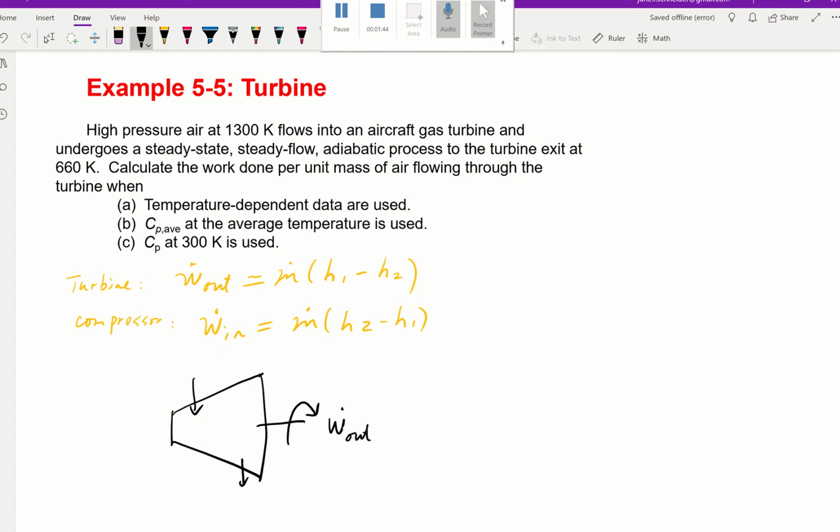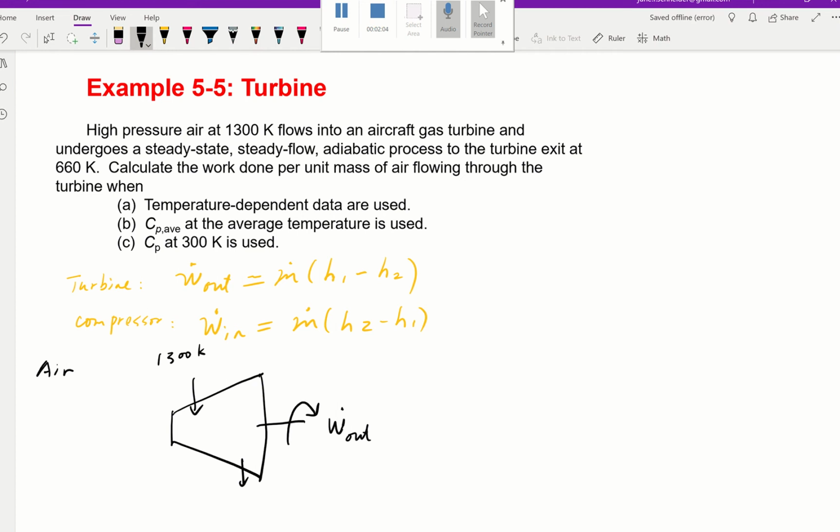Okay. So now we're going to start to add the conditions given onto the sketch. First of all, this is air, so it's an ideal gas. It comes in at 1300 K, so we put 1300 here, that's the inlet.